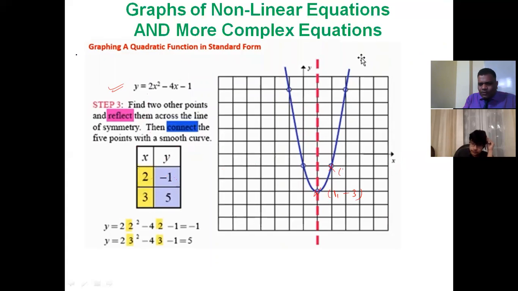So it could be this point, 2 comma minus 1. And when I put x is equal to 3, y is equal to 5. So we got this one, 3 and 5. Put some more points, so you get these points, and join them. So graphing quadratic functions in the standard form, I believe, is clear to you.